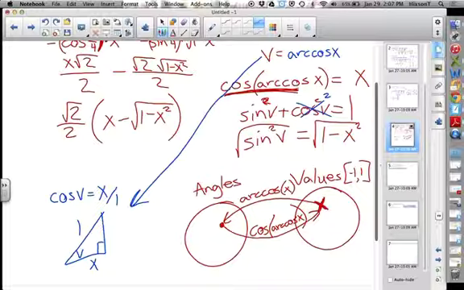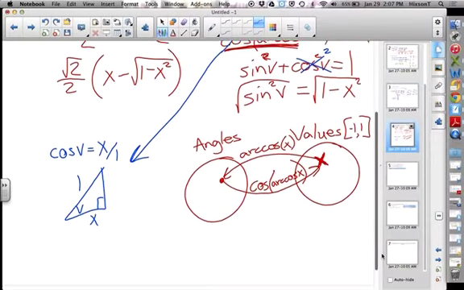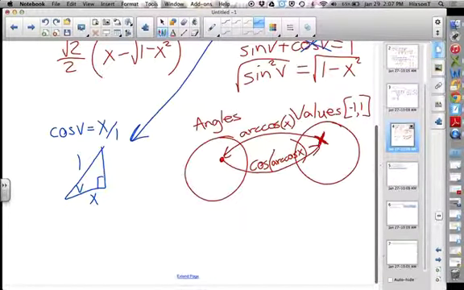Then we could use the Pythagorean theorem. 1 squared equals x squared plus whatever this is. We'll use b since that's part of our Pythagorean theorem.